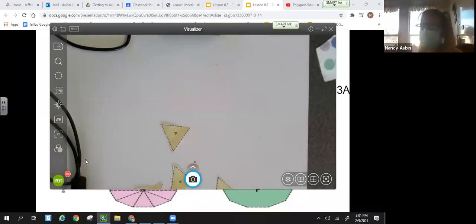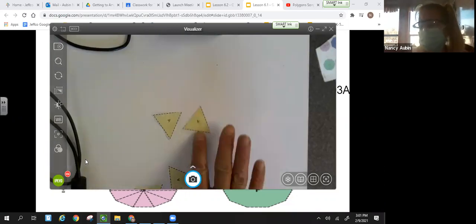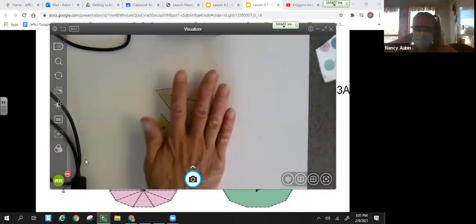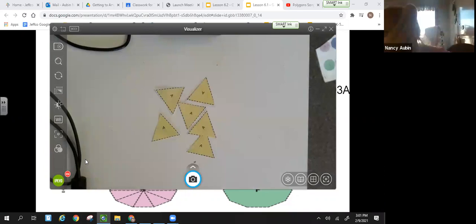So I'm already seeing some really cool shapes. Really cool polygons. Lennox has an awesome one. All right. Here's what you're doing. You're trying to put them together to form one. I'm going to show you what Lennox did.